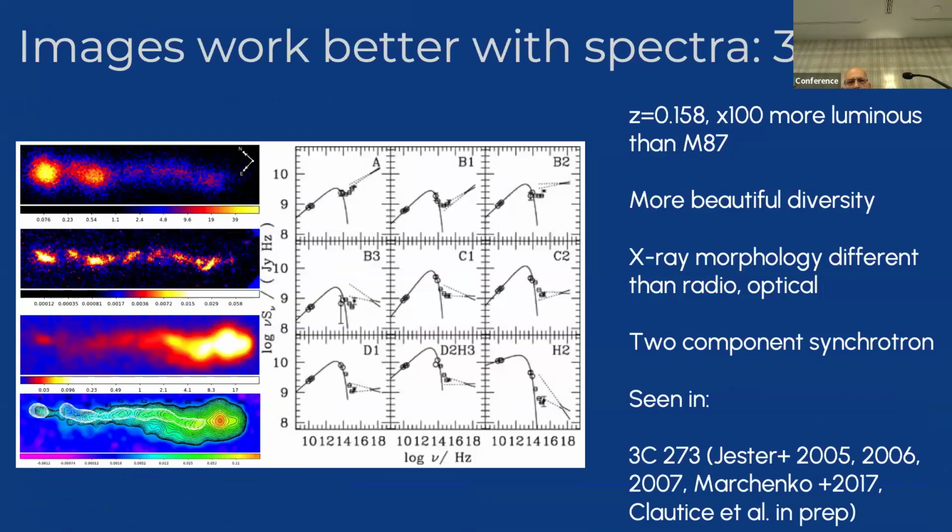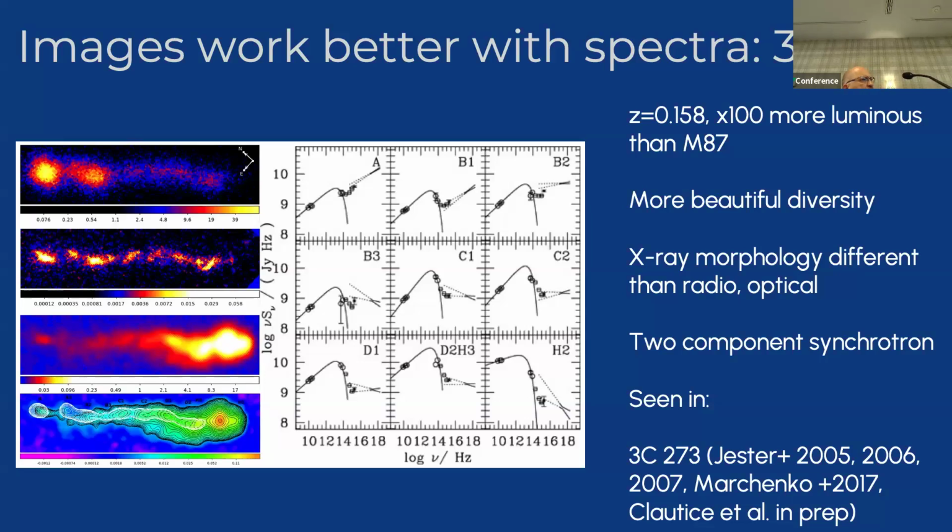Let me cut to 3C273, because I want to spend some more time on 3C273. So with 3C273, you're looking at the Chandra image on the top, HST on the bottom, and then the radio is the third panel. They're enormously different.